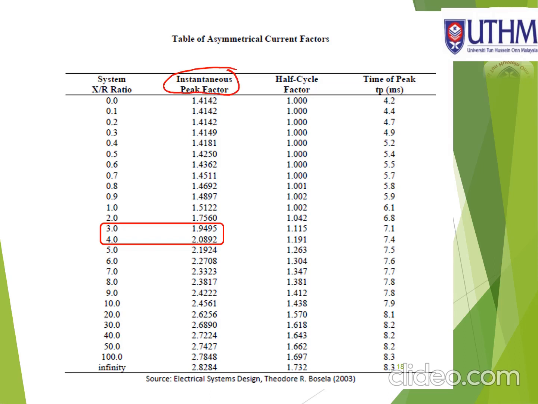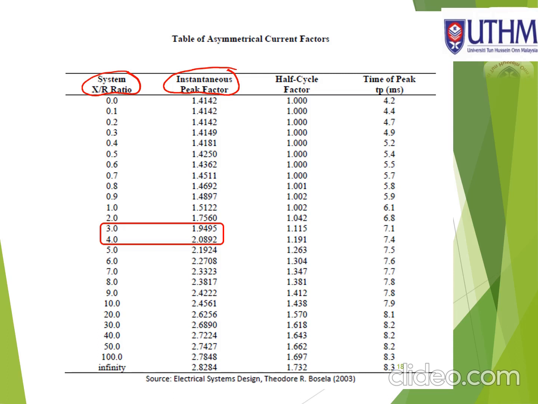Before we get the value, we have to calculate the X/R ratio, where X is the reactance and R is the resistance of the system.